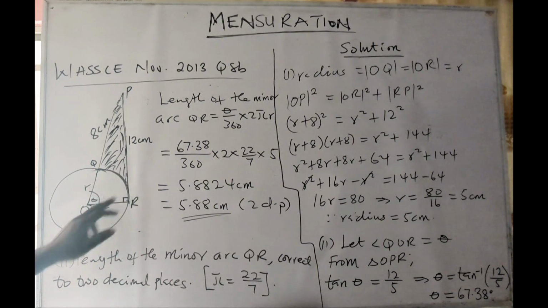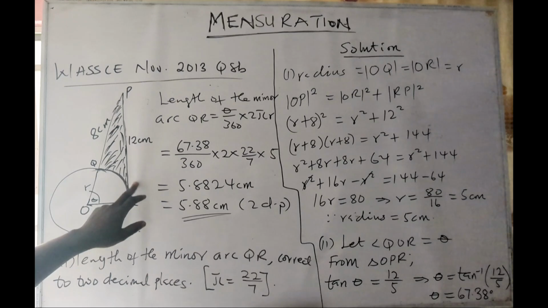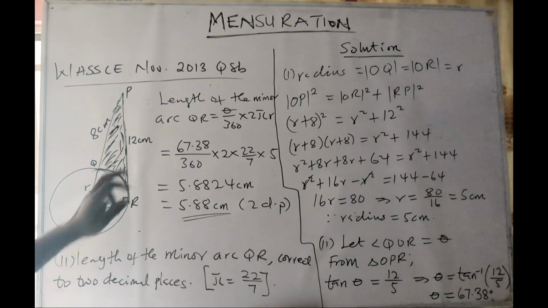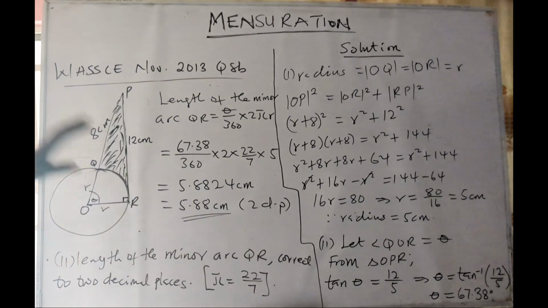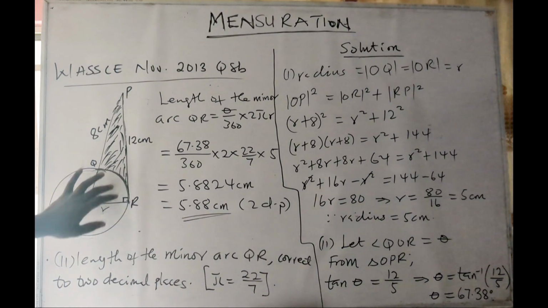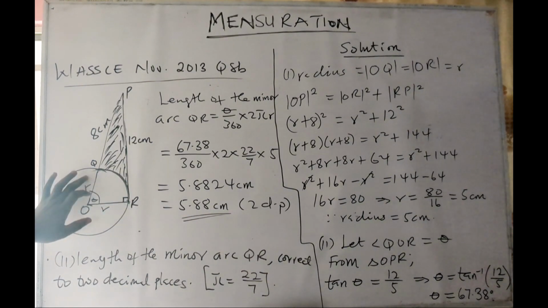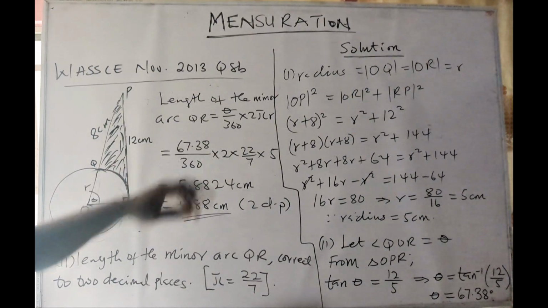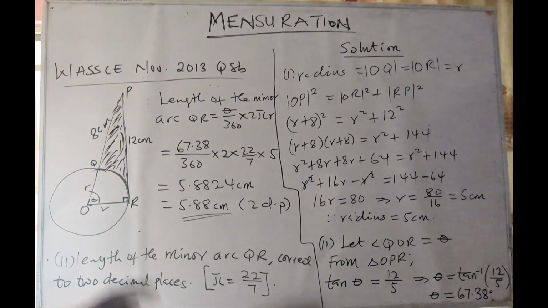So find the area of the triangle, half times 5 times 12. Then you subtract the area of the sector, because here is a radius and here is a radius. The sector is theta on 360 times pi r squared. Then you subtract it so that you get the area of the shaded portion.